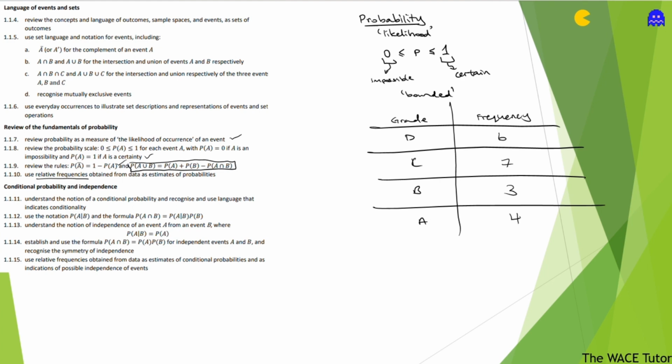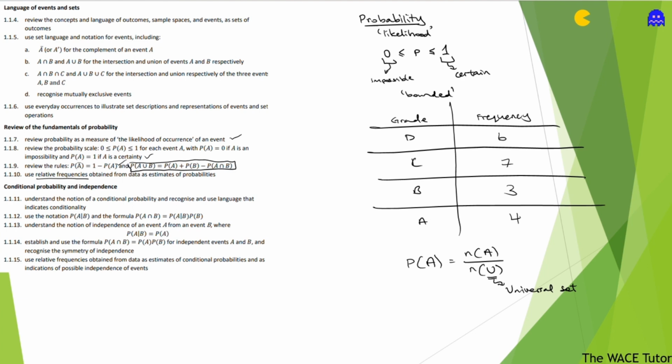Let's say we are trying to calculate the probability that we select someone who got an A grade. The probability of selecting someone who got an A grade will be equal to the number of people who got an A grade divided by the total students who took the test, which I represent by a U to represent the universal set.